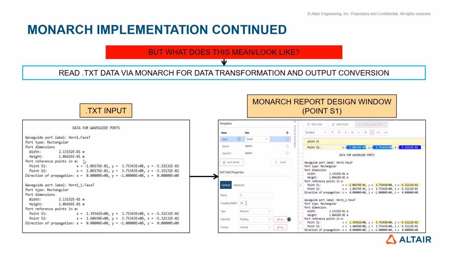You can see the position coordinates, and once we bring that into Monarch, this is how it looks, because we would like to set a trap over here and read the XYZ coordinates of this out file. Also, we'll be setting up some more information to get the reflection and transmission coefficients in the Monarch design.